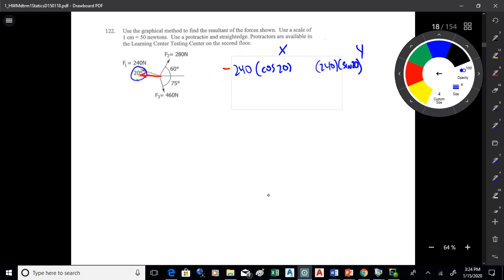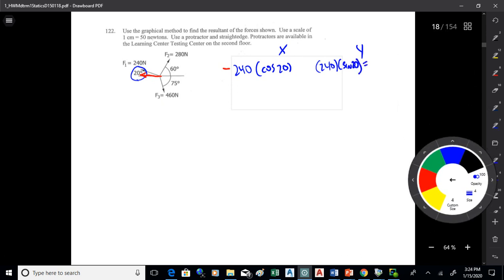Okay, so I'll go ahead and do that, and that'll get me the two components for the first vector. So that's negative 226 for this one. Let's get that a little bit stretched out here.